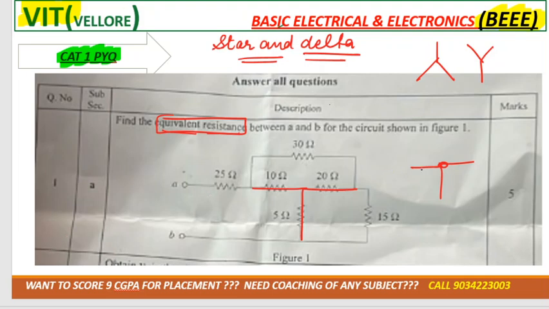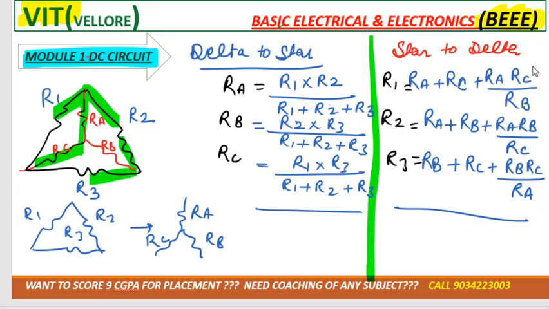Can we connect down if there is a star, right? 25, right? That is star to... I told star and star to, right?